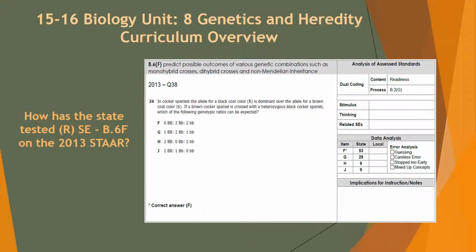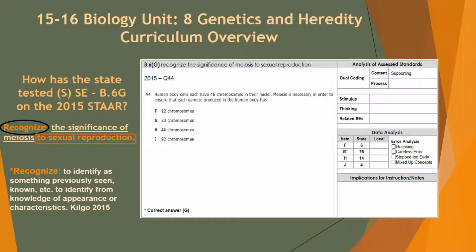And for B6F in 2013, again, it's dual coded, same processing skill. Analyzing and predicting those trends, and now they have to determine which of the following genotypic ratios can be expected from the genotypes that are predicted, the alleles of black coat color, which is dominant, over the allele for brown, which is recessive.